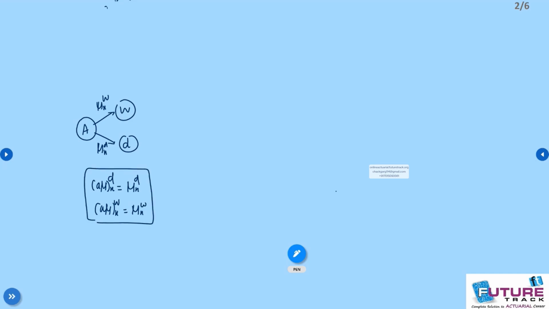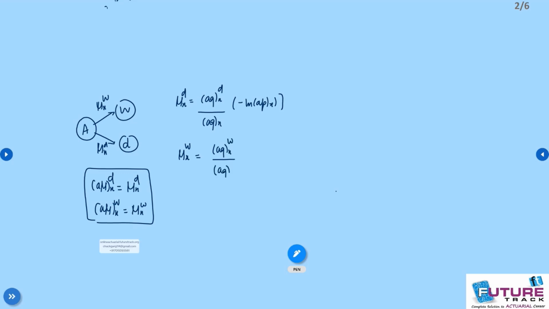Now from this multiple decrement table, if we have to find mu x d, the formula is aqxd divided by aqx into minus ln of apx, right? And class, similarly mu x w is aqxw divided by aqx into minus ln of apx, right class? We have seen this formula.